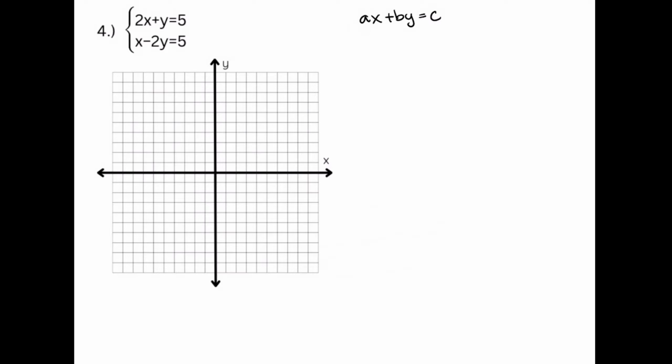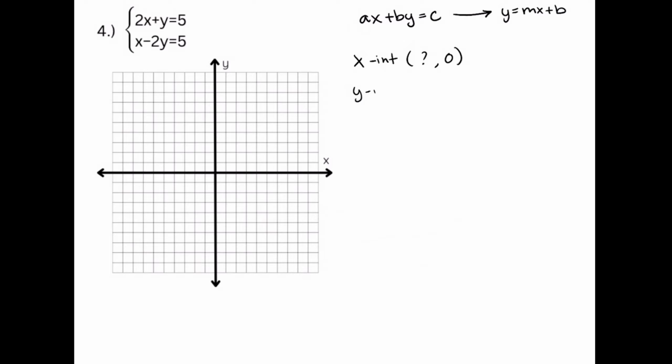The first way is to go ahead and convert it to slope-intercept form, which, if you recall, is y equals mx plus b. Or you can solve it by finding the x and y intercepts. So for your x-intercept, you know your y value is going to equal 0, and we don't know what your x value is.